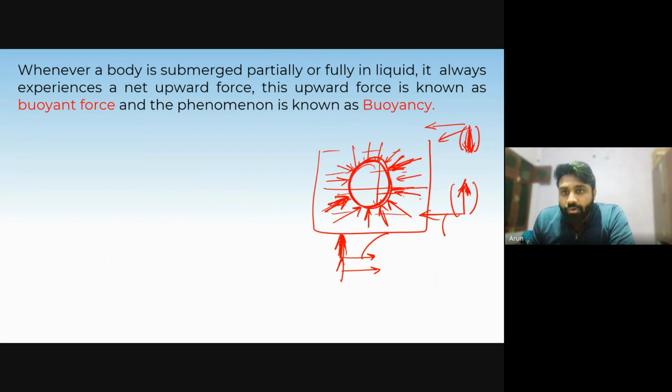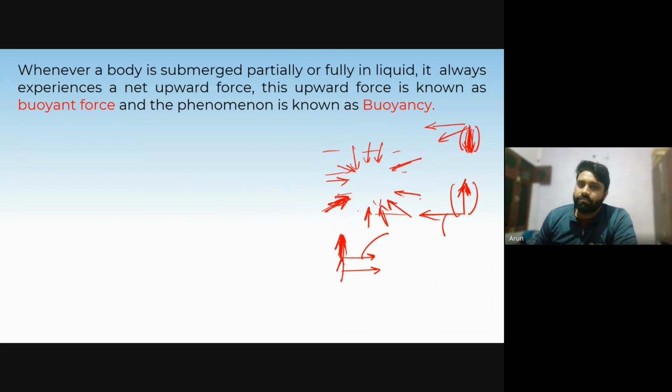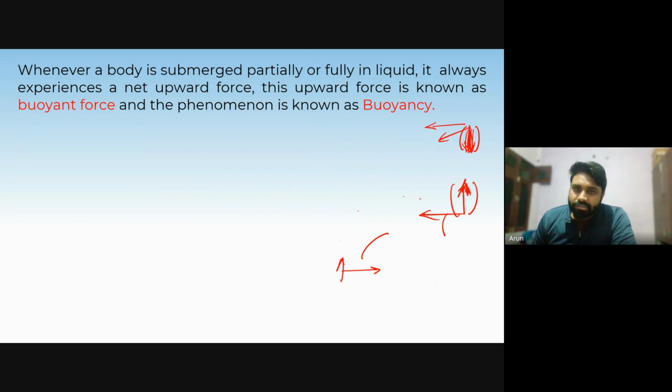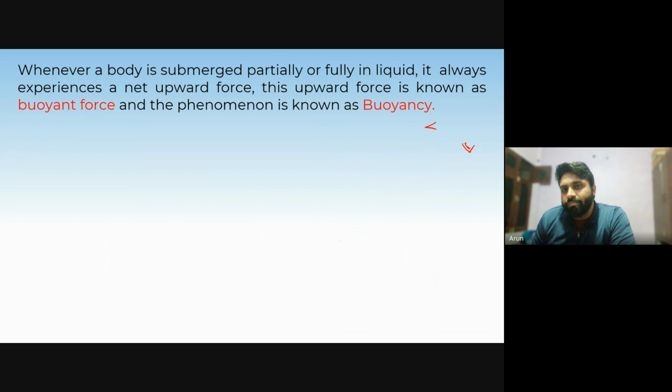So this component on the downside has more magnitude than this side, so they will not cancel out each other. The net resultant force you will have is in the upward direction. Now I think you are clear with the concept of buoyant force. Simply remember, buoyant force is exerted by the liquid due to the pressure difference, and it is always upward in direction.